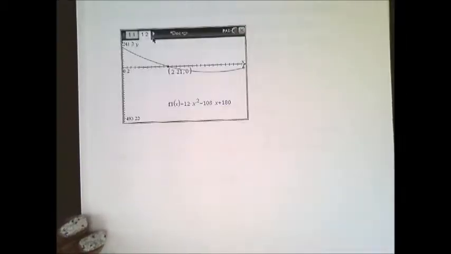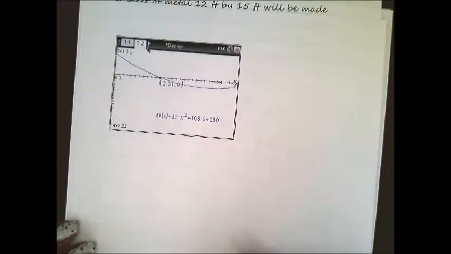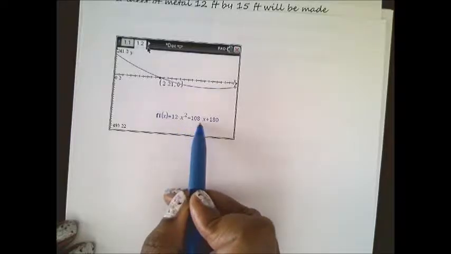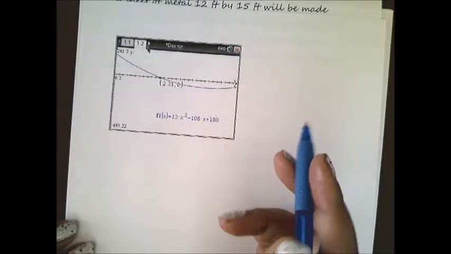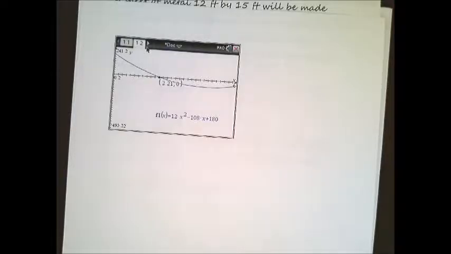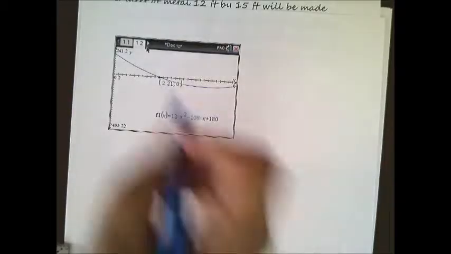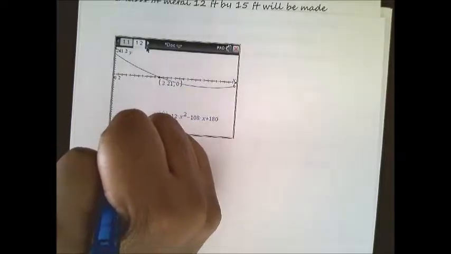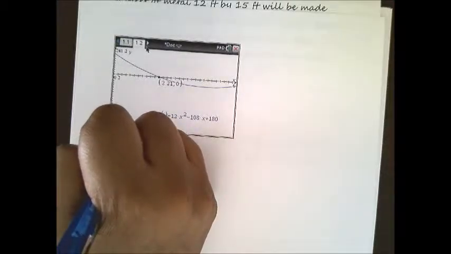So here's the graph of the derivative function. The derivative is 12x squared minus 108x plus 180. Carrying this out to the appropriate number of decimal places, the actual value out to 3 decimal places is 2.20871.